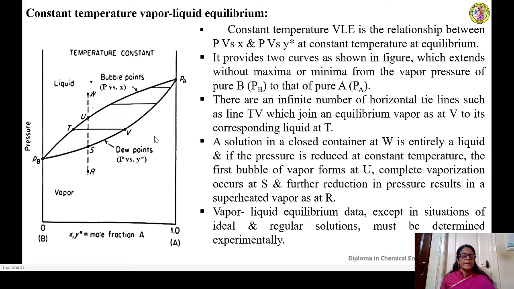This is again a phase diagram, showing you the liquid and vapor phase areas and the mixture of liquid and vapor phase area. The P versus x curve in this case is called the bubble point curve, and the P versus y star curve, the lower curve, is the dew point curve.